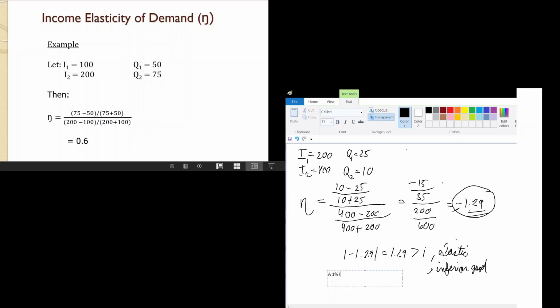So, a 1% increase in income causes a 1.29% increase or decrease? Decrease in the demand. Okay? So, makikita nyo nga, increase, decrease, magkaiba yung change nila kasi negative yung nakuha natin and inferior yung good natin. Okay?